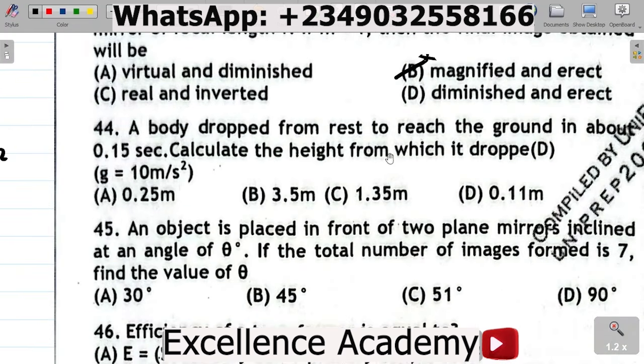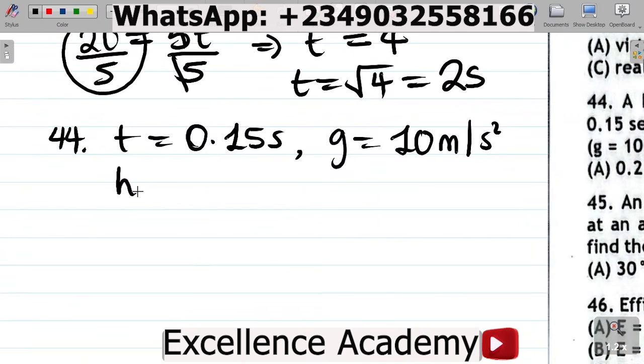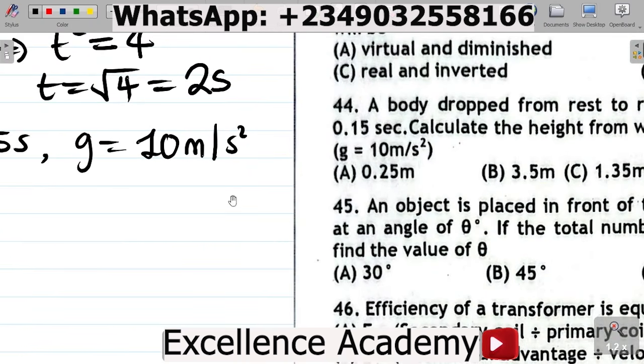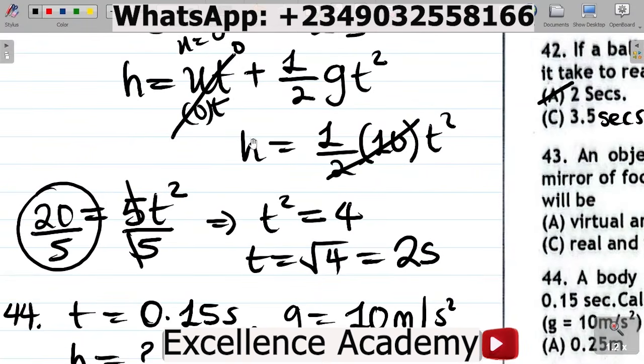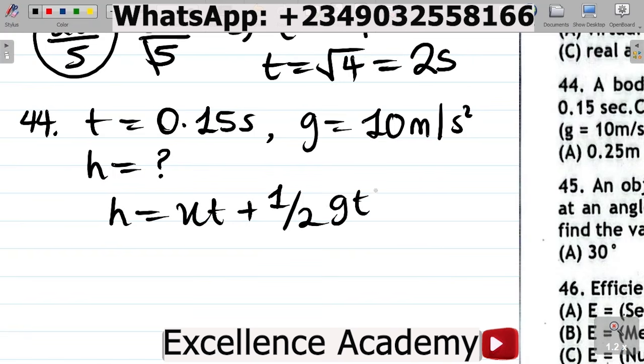What else? They said you should calculate the height from which it is dropped. So h, the height from which it is dropped, is unknown. How do we solve this question? Again, we'll still use this same equation. Recall that h is equal to ut plus half gt squared.